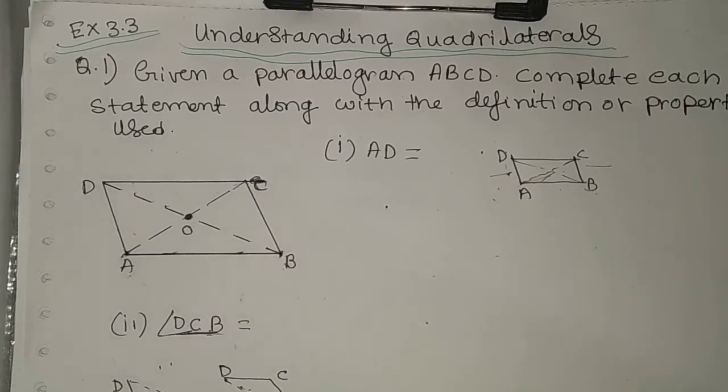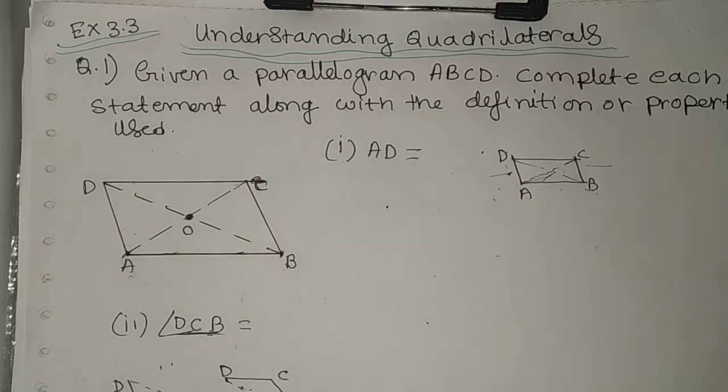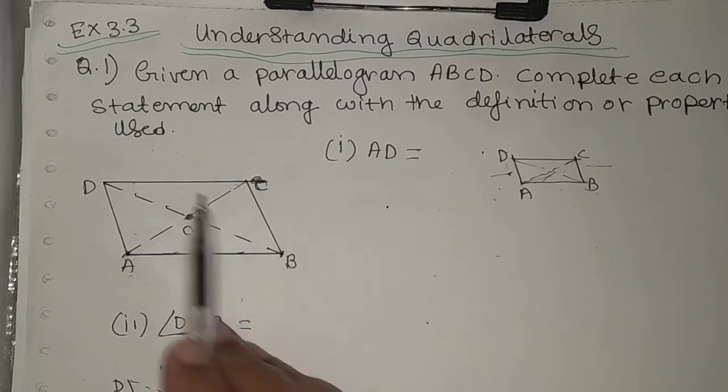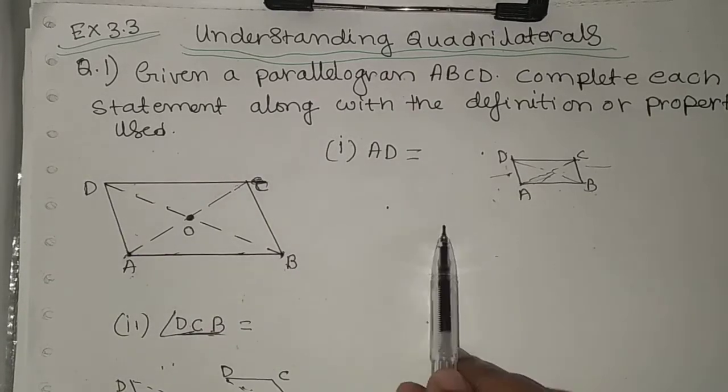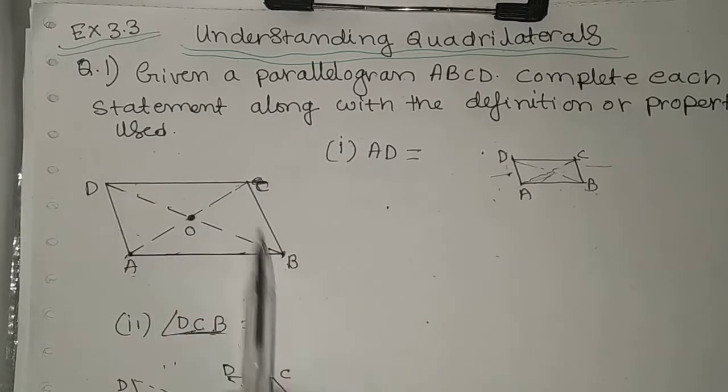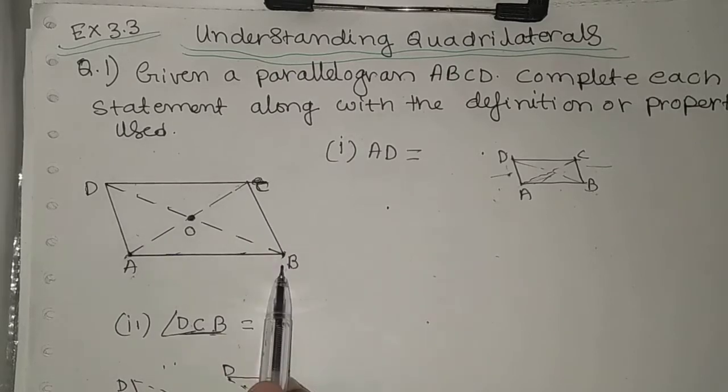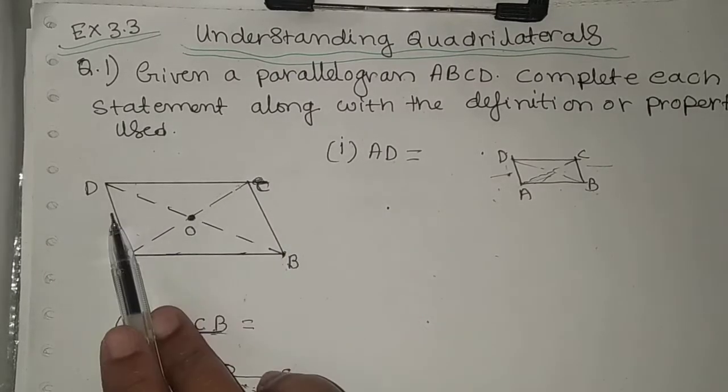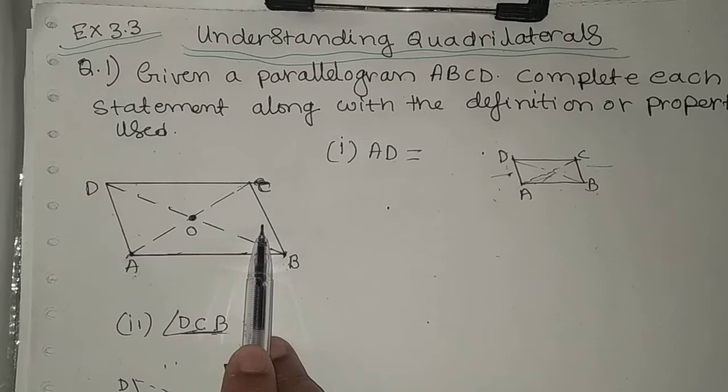The first step: they have given AD equal to. Here in this diagram, we can write AD equal to BC. This side is equal to this side.